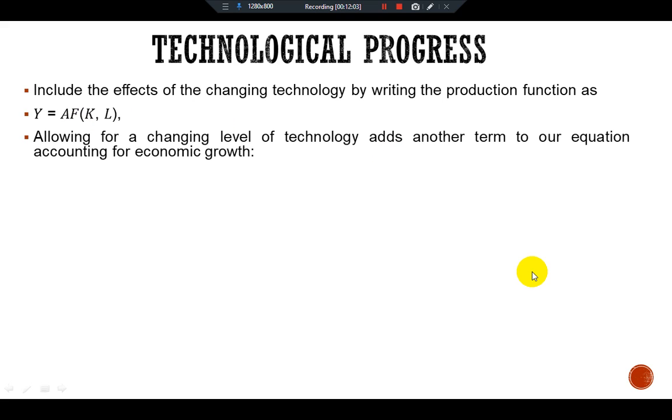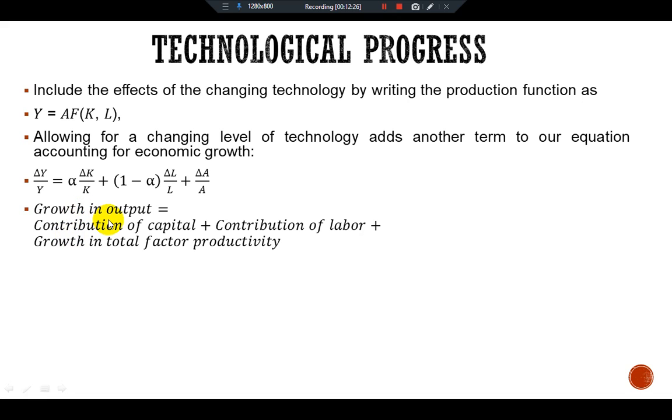Okay, allowing for a changing level of technology adds another term to our equation accounting for economic growth, that is delta Y over Y is equal to alpha delta K over K plus 1 minus alpha delta L over L plus delta A over A. So this reveals that growth in output is equal to the contribution of capital, the contribution of labor, plus the contribution of total factor productivity.